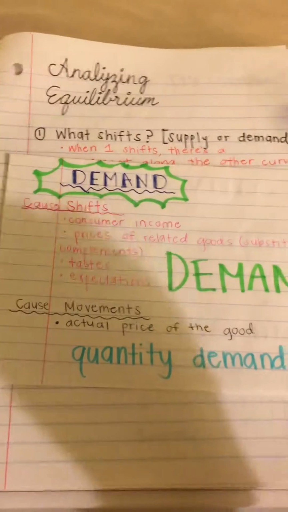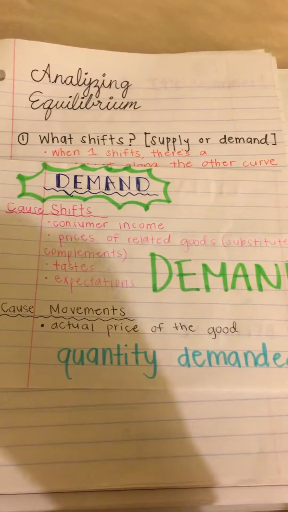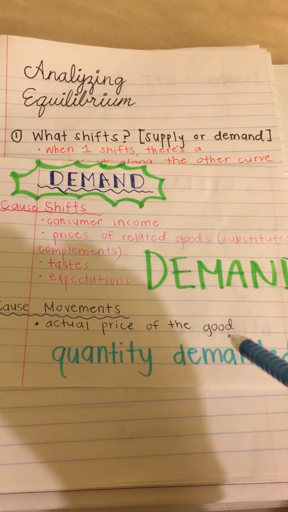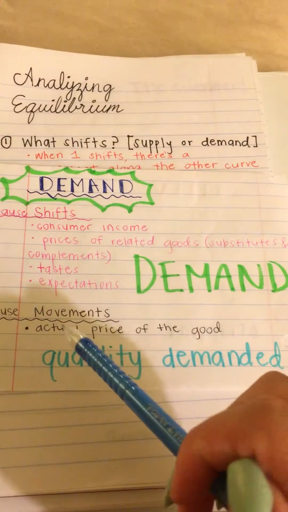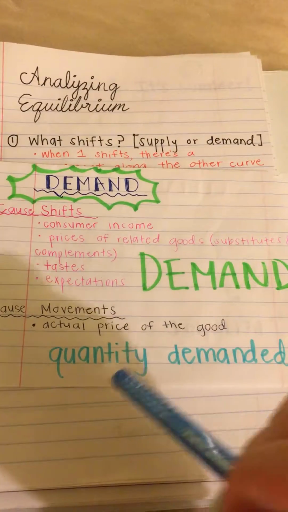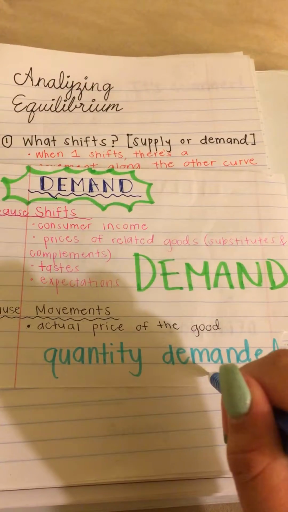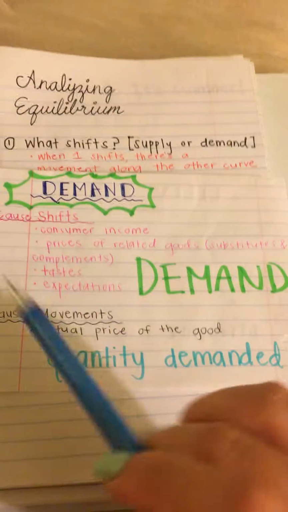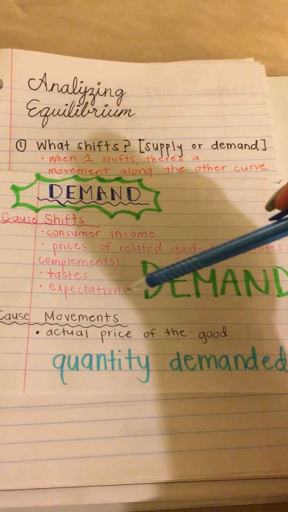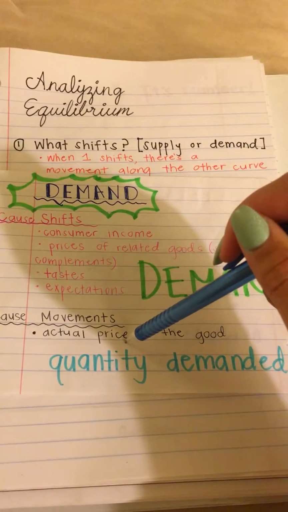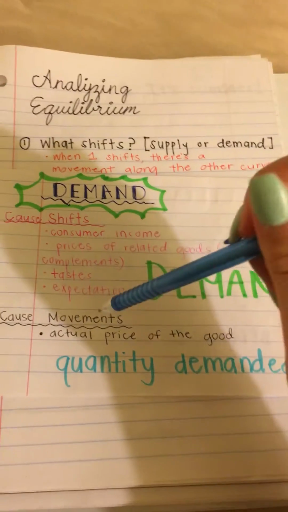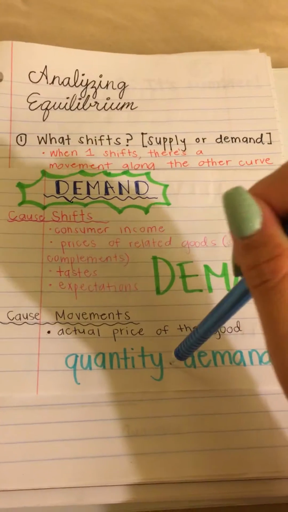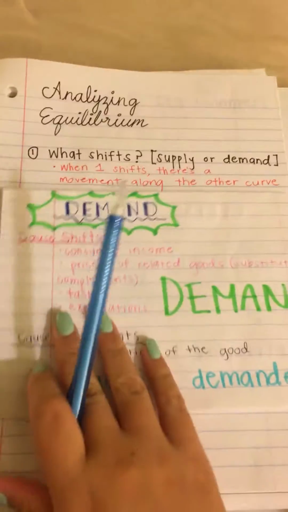Remember that. What causes movements? The actual price of the good itself that it's being sold at in the market. Movements always correspond with quantity demanded. Always. If you notice here, every single variable here, besides the price of the good, is a shift. Price equals a movement, quantity demanded.